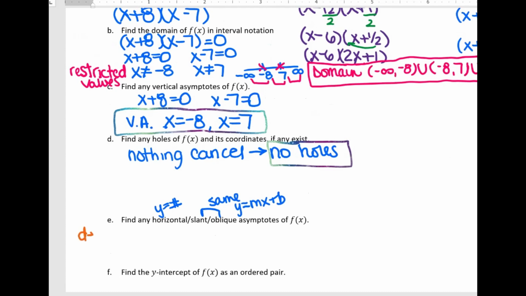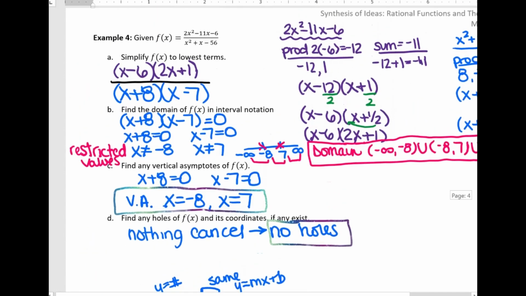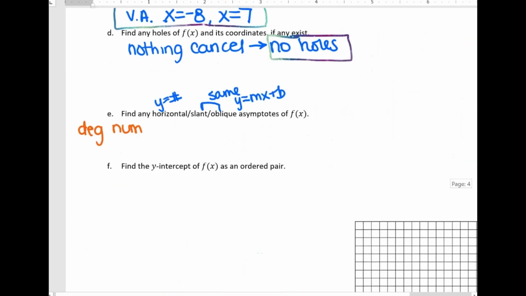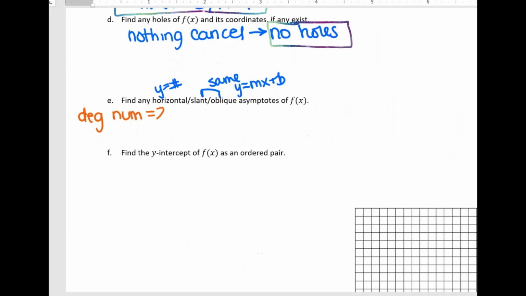If we look at the degree of the numerator, we had x minus 6 times 2x plus 1 in factored form. Or, scrolling up, you can see that we had an x squared as the highest term in the standard form, and the x squared in the denominator, which means that the degree of the numerator is 2, but the degree of the denominator is also 2.